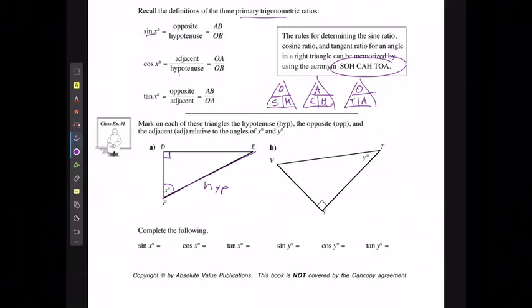The other side that's touching x is going to be my adjacent, and the side that's not touching x is my opposite. In the second case, if I'm using y, the longest one is going to be my hypotenuse again. The one that is touching y is going to be my adjacent, and the one that's not touching y is going to be my opposite.